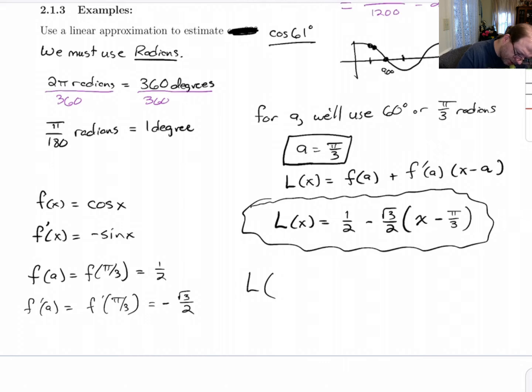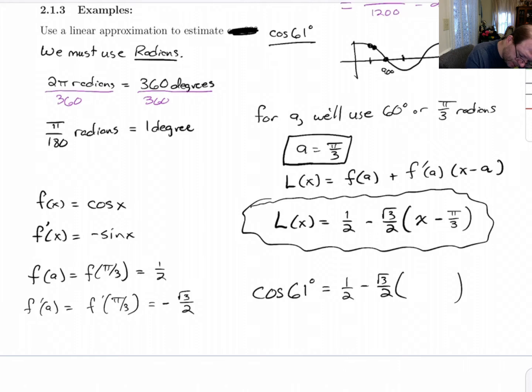Now, L of, let's see, 61 degrees. I'll just put it this way, cosine of 61 degrees is going to be 1/2 minus root 3 over 2. Now, this part in here, x minus pi over 3.